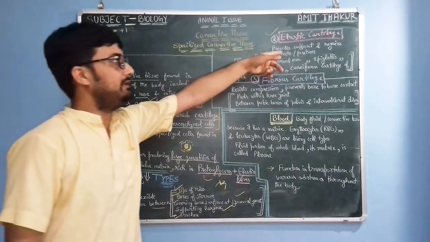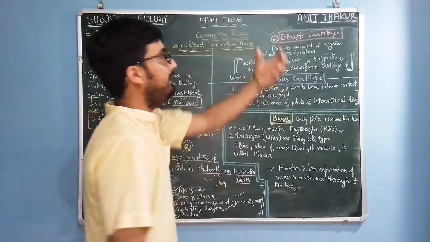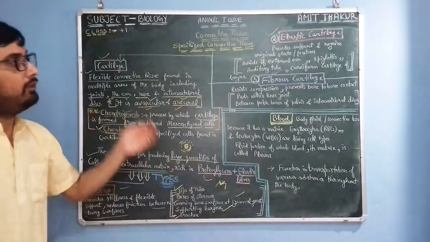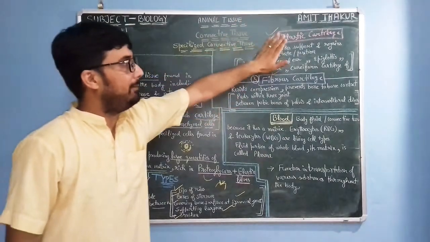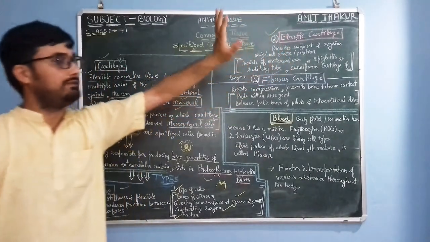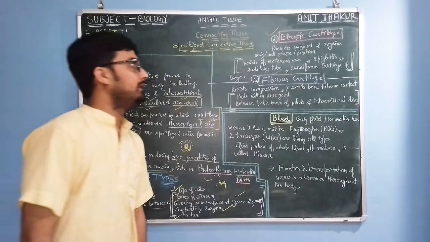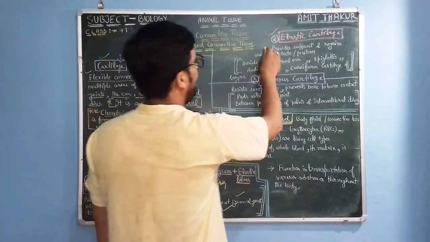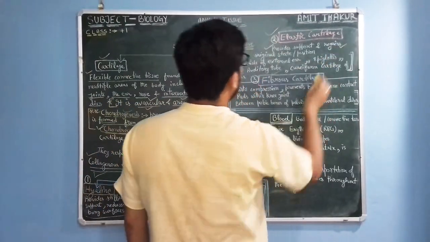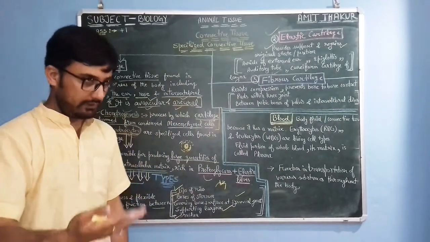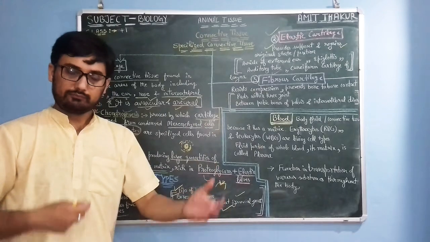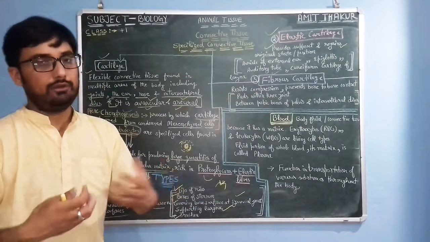Next, elastic cartilage. As the name says, elastic means it has the property of elasticity. Among these three types, this type has more elastin and elasticity. Elastic cartilage provides support and it regains its original state or shape after contraction or relaxation.